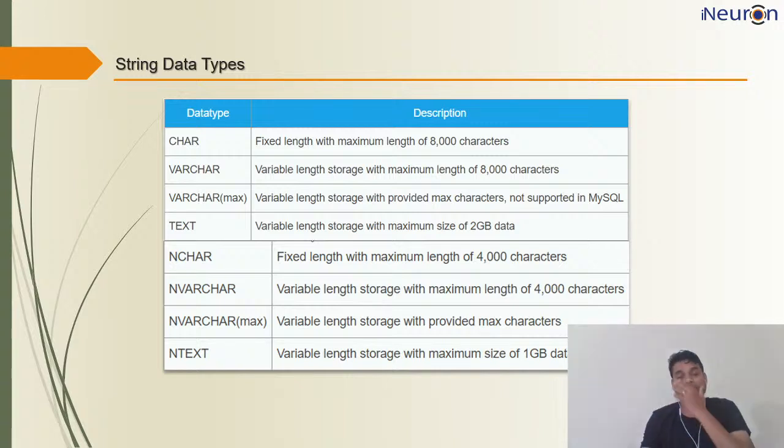Now, defining a data type, and what kind of data type we need to assign for a particular column value, all depends on the table architecture that you are designing. It all depends on the requirement of the table design, and these things again come from business understanding.